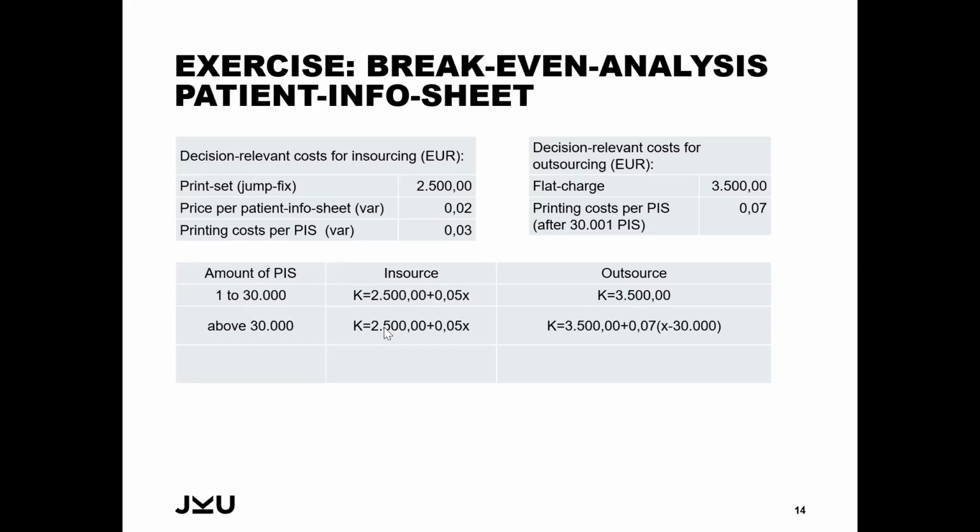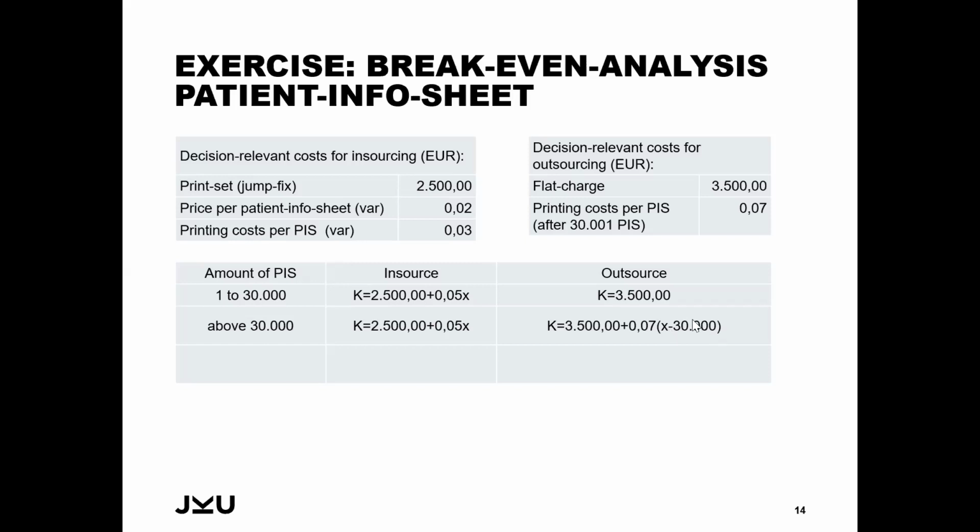And we have another. Here we have the same cost function. That does not change. We only know that we can at the most print 70,000 patient information sheets, equals the other function, the outsourcing opportunity, 3,500 plus 7 cents, and now also, of course, times X, because we don't know how many patient sheets we have to print yet.